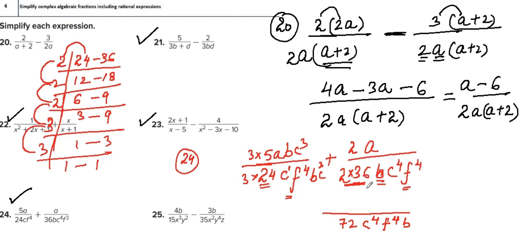We can do this. So what is left here? 3 5s are 15, 15abc cube, and here I only multiplied 2, nothing else. So 2a. That's it. This is the answer. Further you cannot do anything. Other questions you can practice from your side. If you find any problem, discuss with me in school.